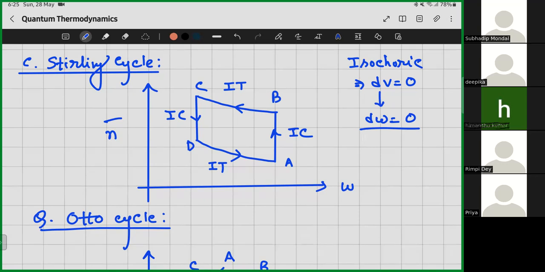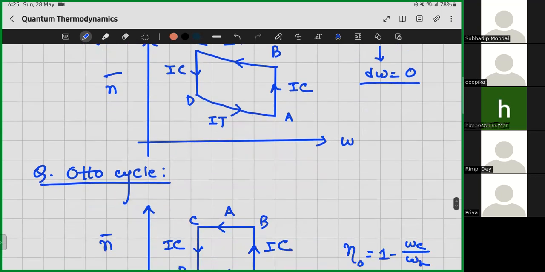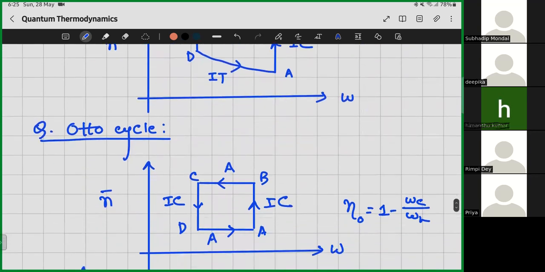That is because in the Stirling cycle there is no adiabatic stroke. The adiabatic stroke is much more difficult to handle. In the adiabatic case, time is very important, because even though I am considering the reversible case, there is no heat exchange, dQ is 0.